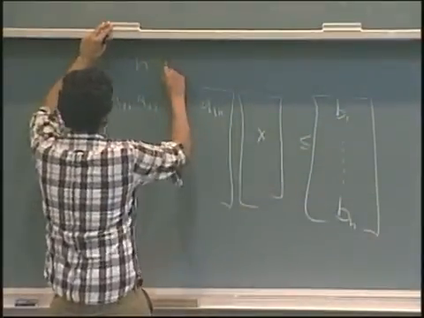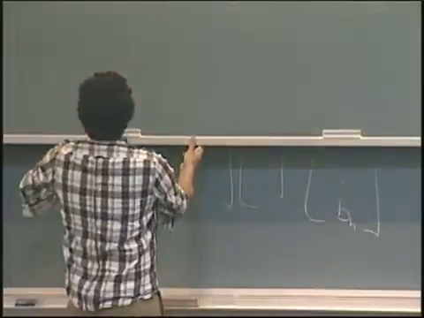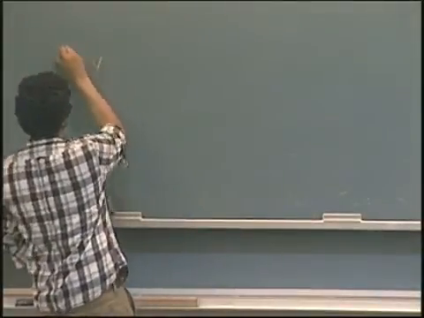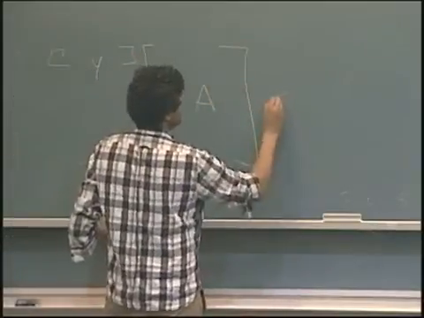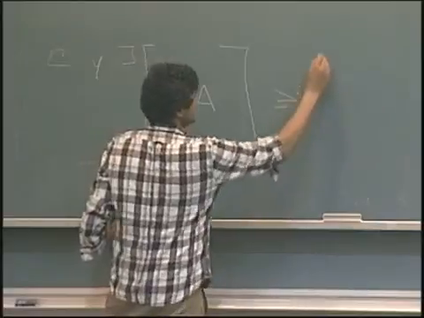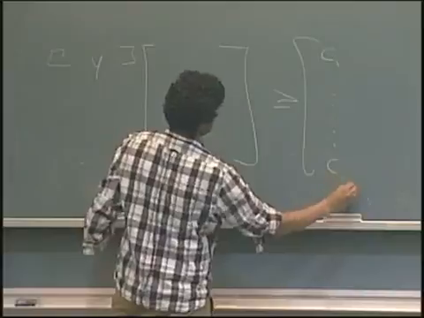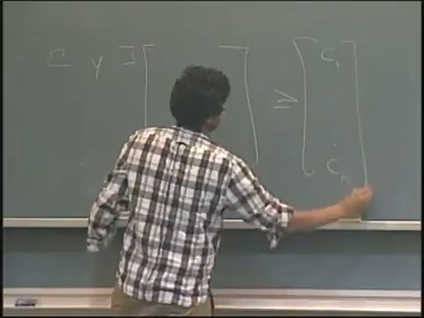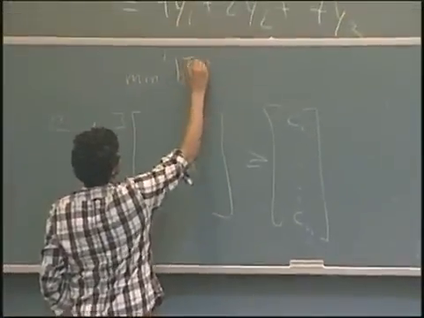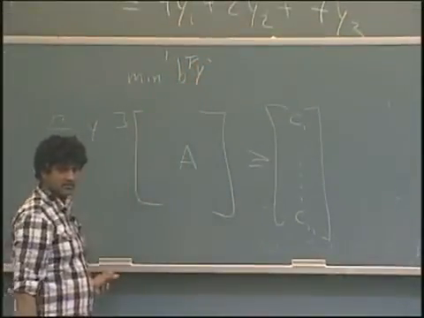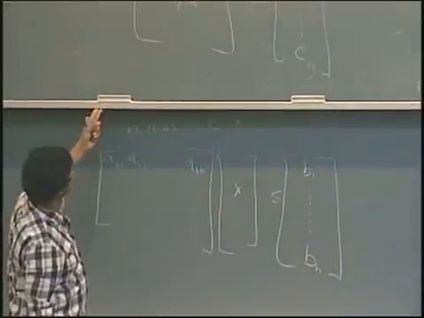You want to maximize c times x, this is a function here. In the dual, you take y, which is some vector like this, and you multiply by the matrix A, and you want it to be bigger than this vector c1 through cn. And now you want to minimize the right-hand side you get.